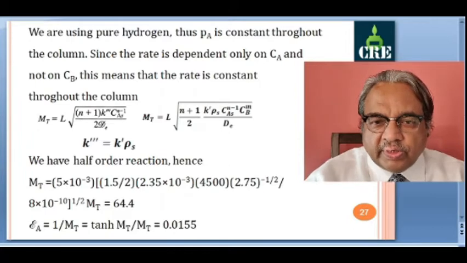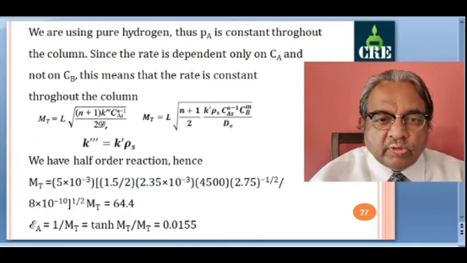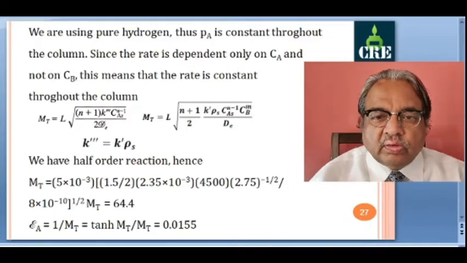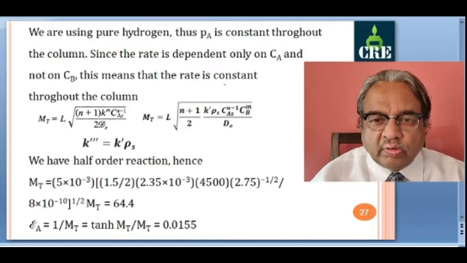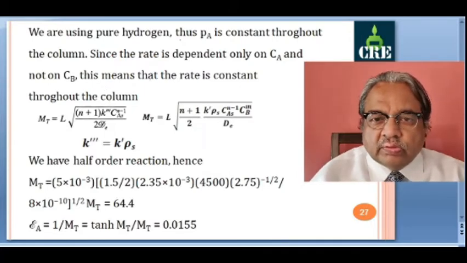The rate is dependent only on Ca, not on Cb, because Cb remains almost constant. Cb is in very large excess throughout the column. So Pa is continuously supplied.